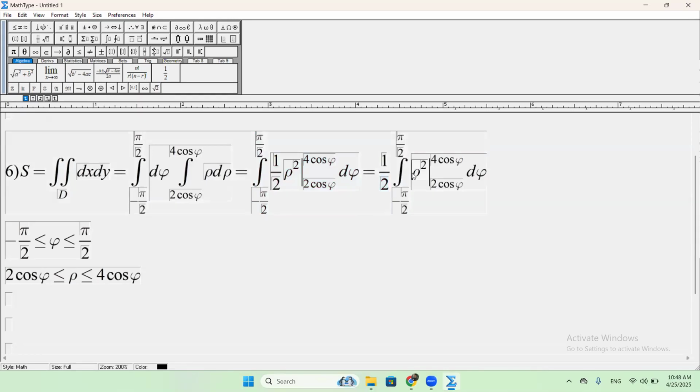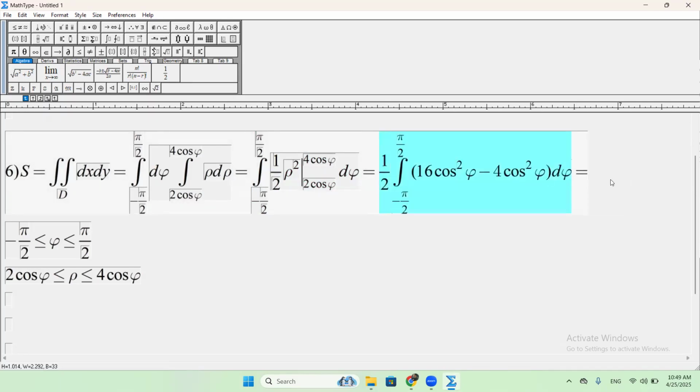And what we actually will receive: 16 cosine square of phi minus 4 cosine square of phi. And erasing this stuff, it will be the following integral.